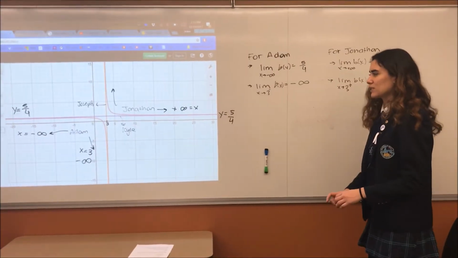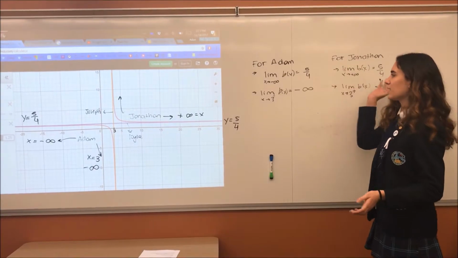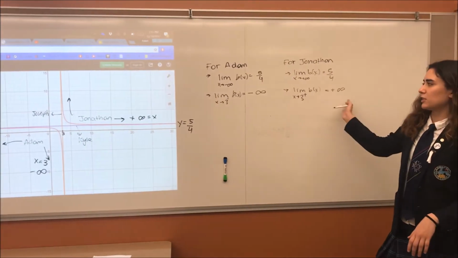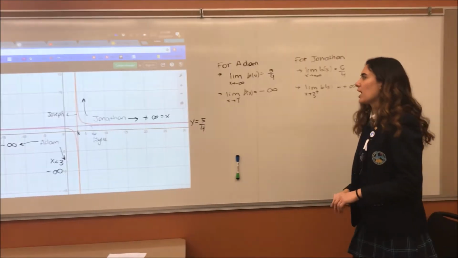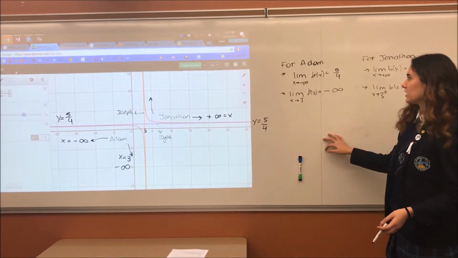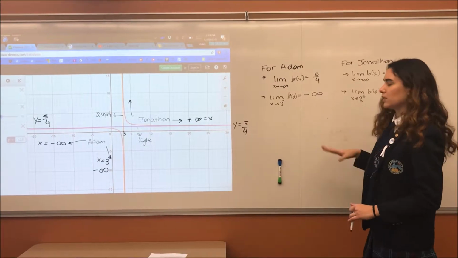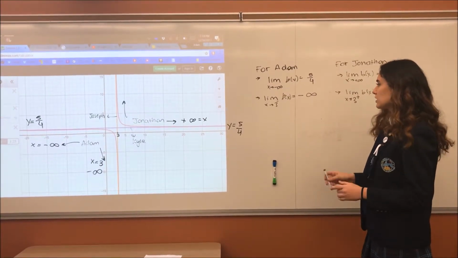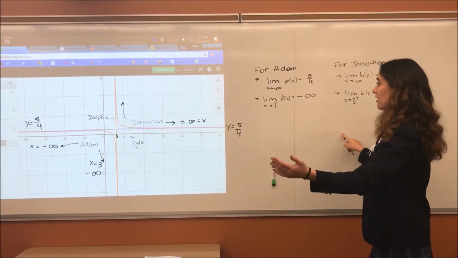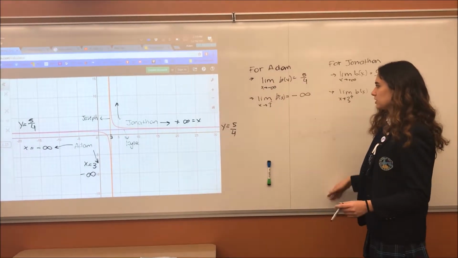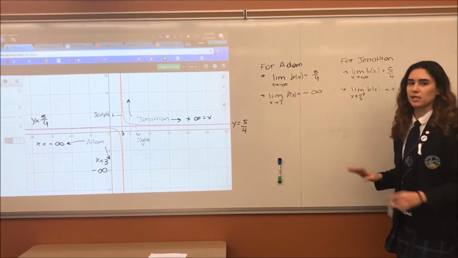So basically what we talked about was the limits for Jonathan and Adam, and these are the limit notations. So as said before, as Adam is moving towards negative infinity, he will never reach 5/4 to not crash with any of the players. And as he reaches 3 from the left, he will go towards negative infinity and he's not going to crash with anyone else again.